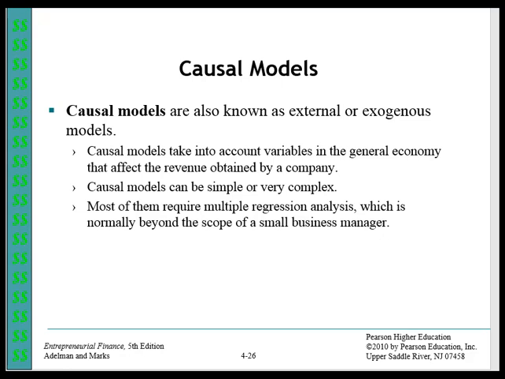We usually have to use some higher levels of statistics in order to determine the predictive ability of some of these models. And certainly for this class and for most small business managers, that higher level of statistics might be something a little bit beyond our capabilities.